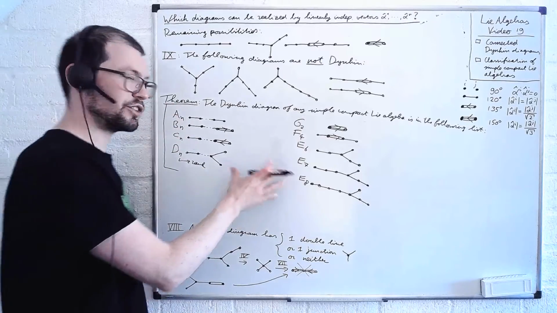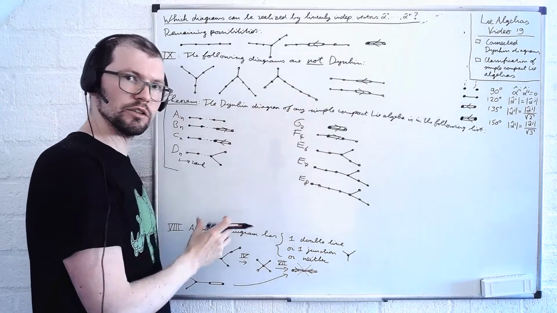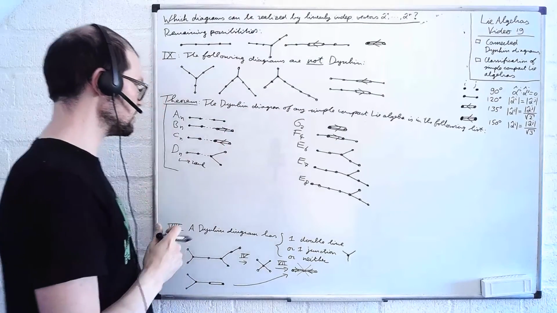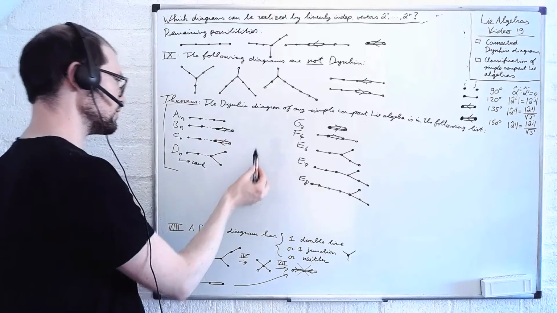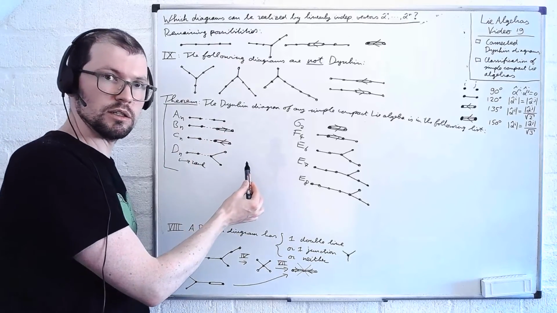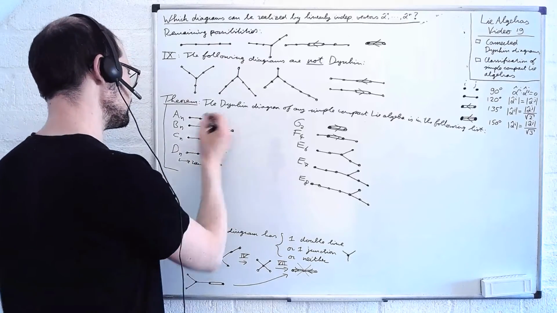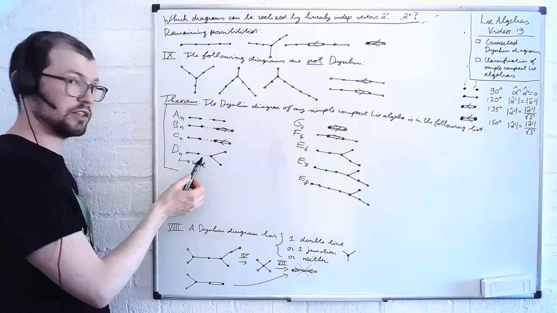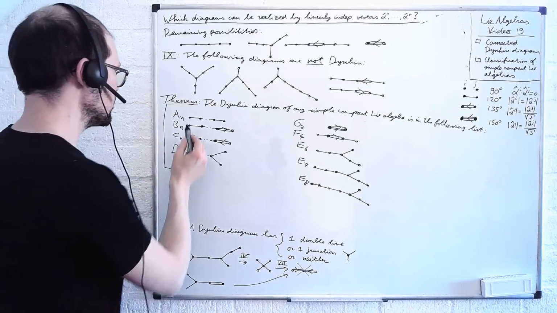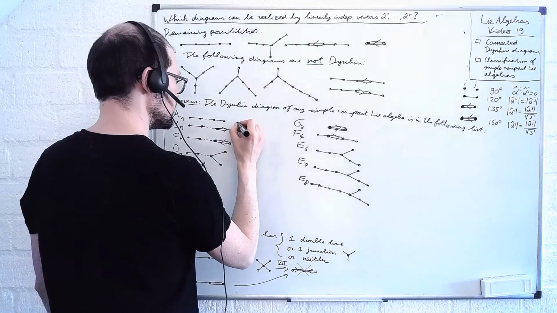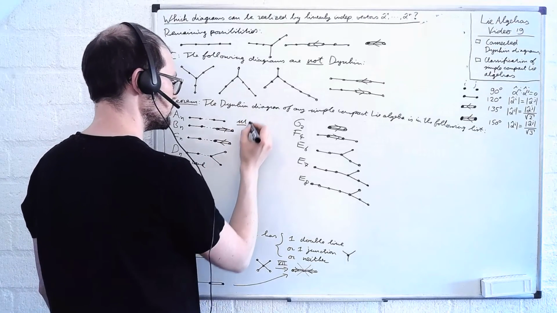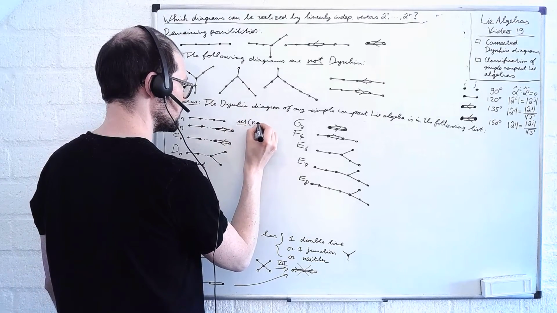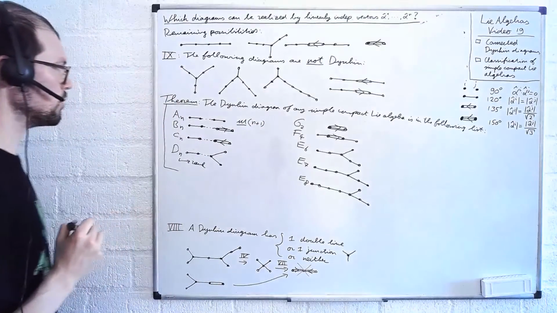So do they really exist? These Dynkin diagrams, are there Lie algebras that have these Dynkin diagrams? The answer is yes, and actually we know all of them on the left hand side from our introductory video on the Lie groups. So this here is simply the special unitary group in n+1 dimensions.